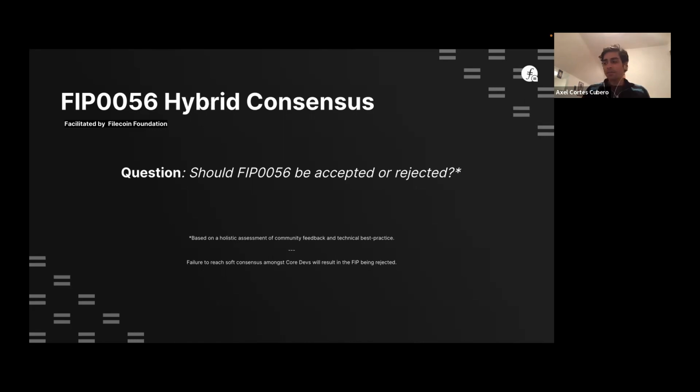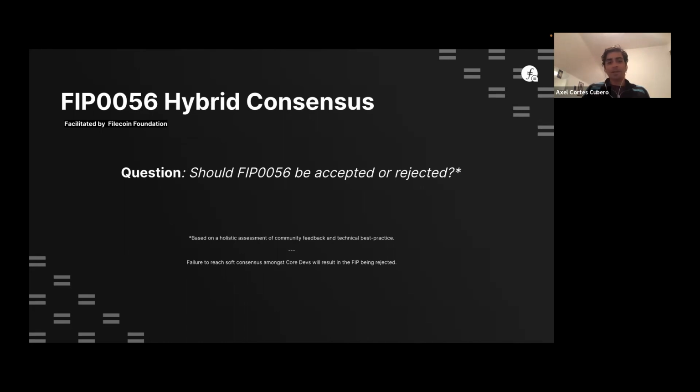And a second point I want to make, kind of independent, is maybe a soft critique about soft consensus moving forward. FIP 36 and FIP 56 are starting to show us that soft consensus has some limitations.